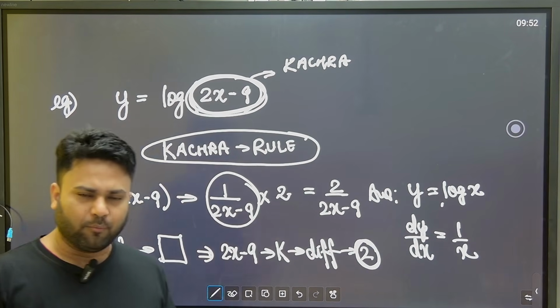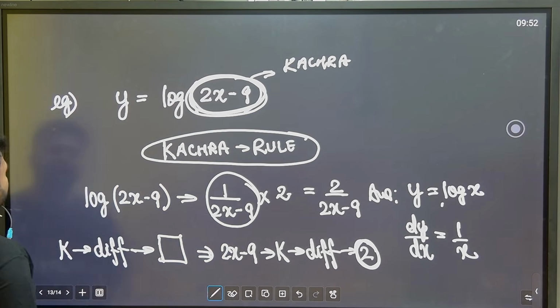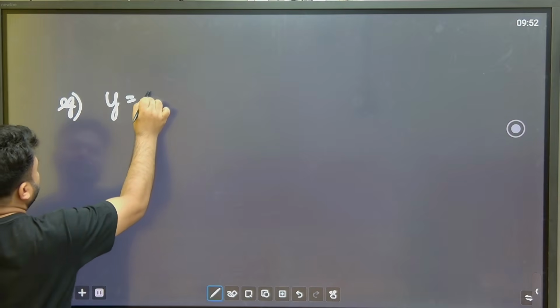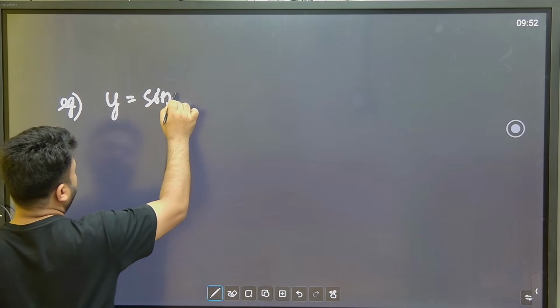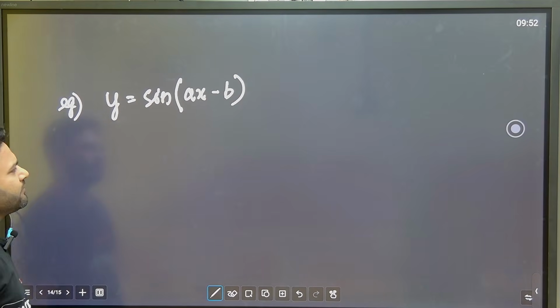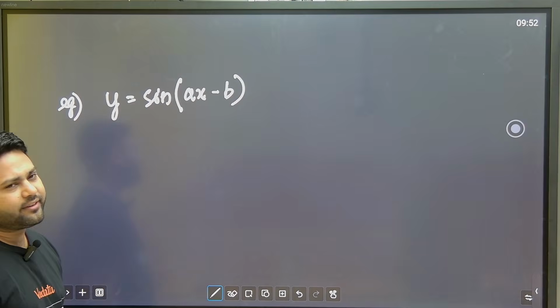Okay. One more example I will take. Don't worry. For example, y equals to sine of ax minus b. You have to find dy by dx, differentiate.